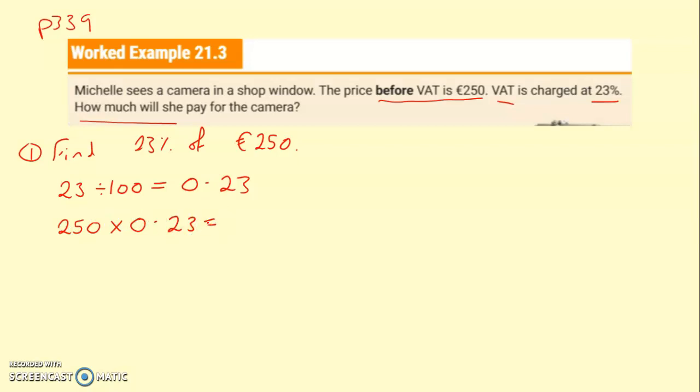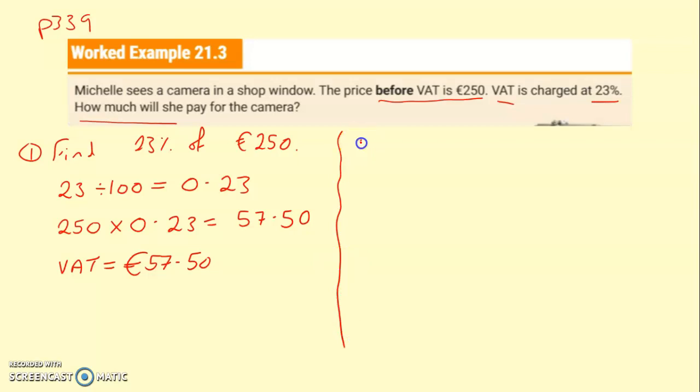Type that into your calculator, then press the SD button to turn it into a decimal, and that gives me an answer of 57.5. Because we're talking about money, we must always have two decimal places, so we just add on a 0. So now we know the VAT equals €57.50. That's the VAT amount charged.